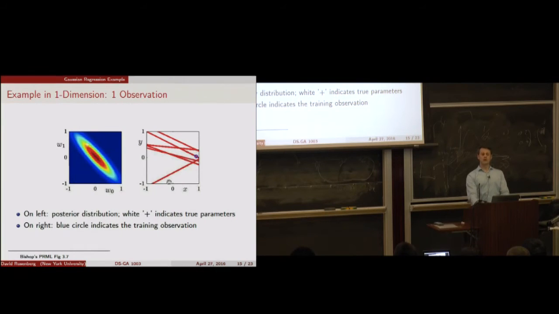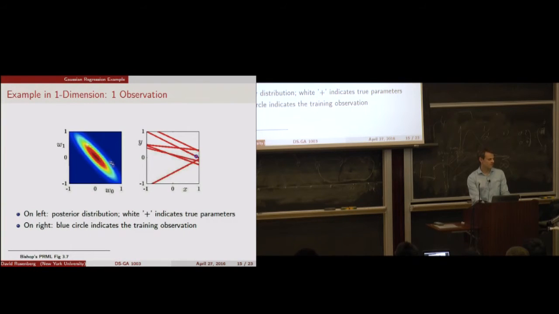So this is after one observation. After one observation, we can update our prior and get a posterior distribution on W. The posterior distribution on W is what we see here. It's not spherical anymore, it's become elliptical. And on the right, we've now sampled W's from the posterior distribution after one observation.